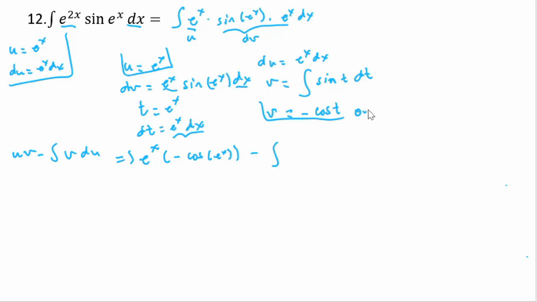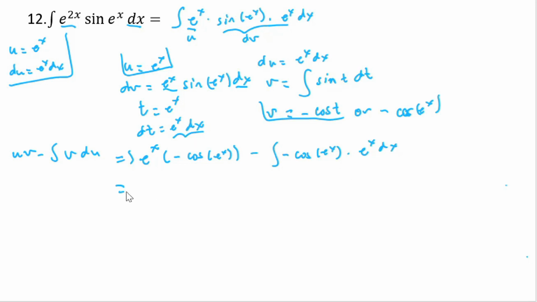I will change t to e raised to x so that you will not be confused. So minus the integral of v du, negative cosine of e raised to x times du, which is e raised to x dx.